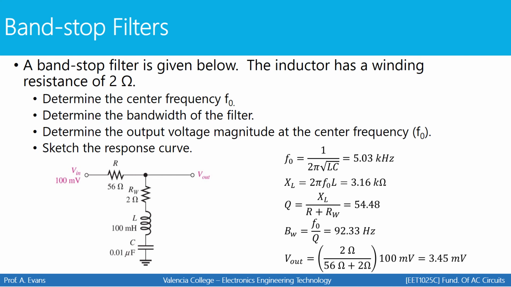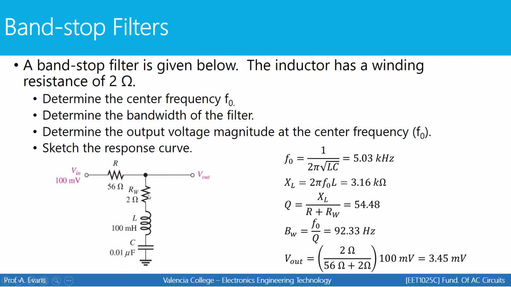Next, I'm going to determine the output voltage at the center frequency. Remember, the center frequency represents the resonant frequency. So when this circuit is at resonance, the impedance of the inductor and the impedance of the capacitor are equal and opposite. They cancel. So the only resistance along this branch is RW.